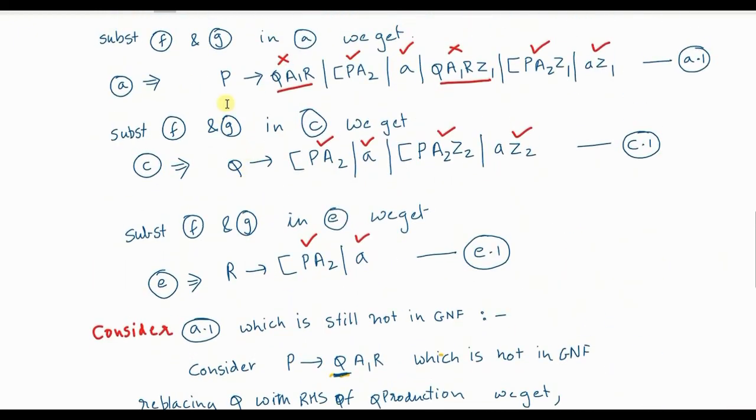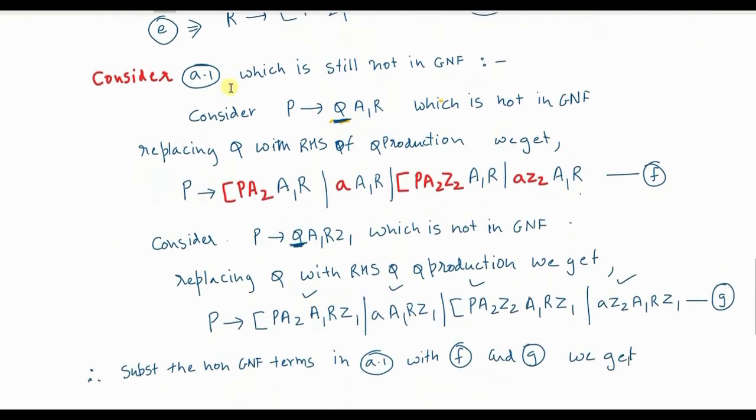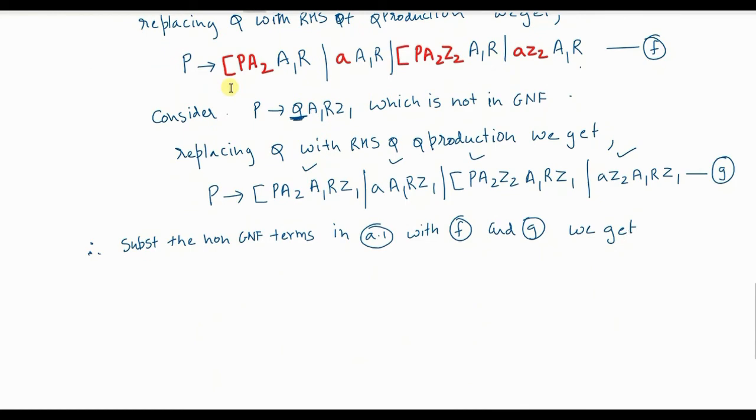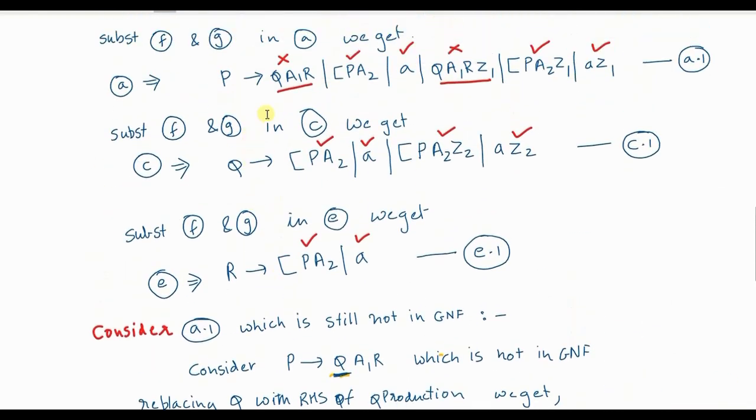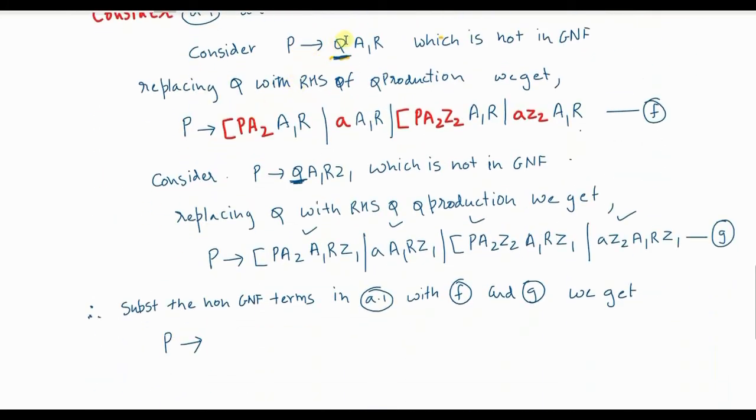P gives, now the first term in the P production that we saw here, P.1, was not in GNF. So what we did here was this, which was not in GNF, will be replaced with this whole term. So in place of QA1R, I am going to write all these terms.